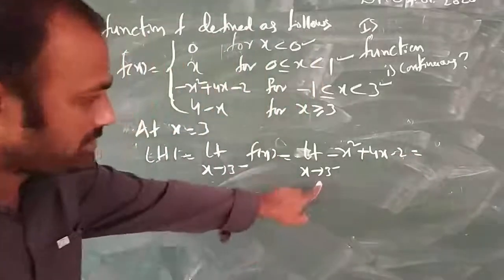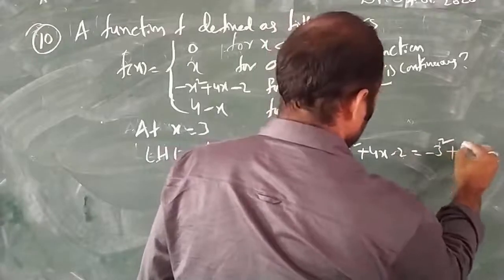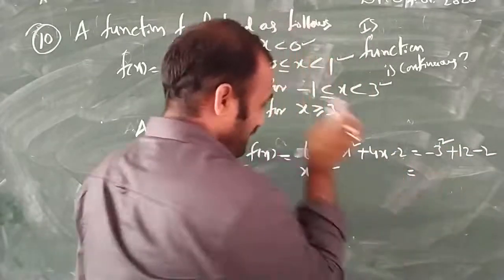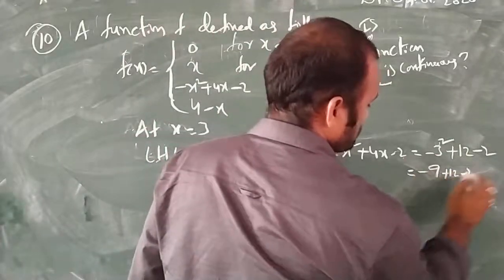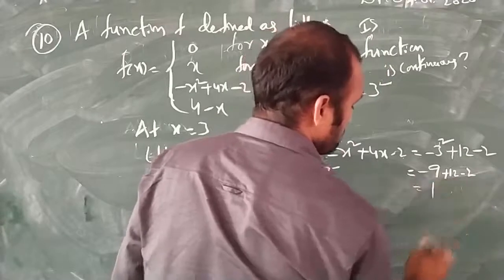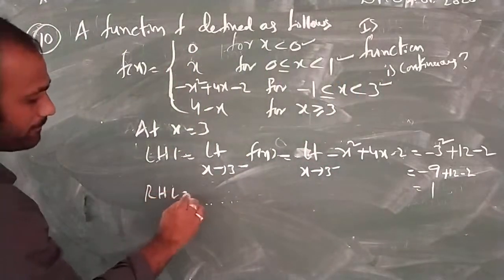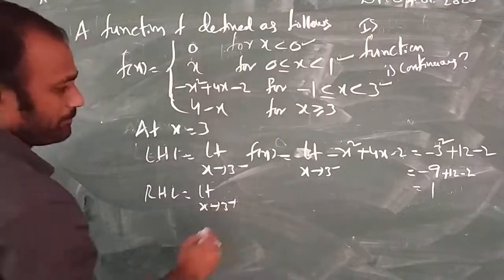So substituting 3, it is minus 3 square plus 12 minus 2. Minus 3 square is minus 9, so minus 9 plus 12 minus 2. The answer is 1.